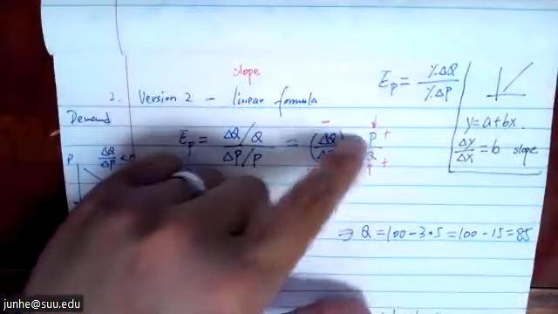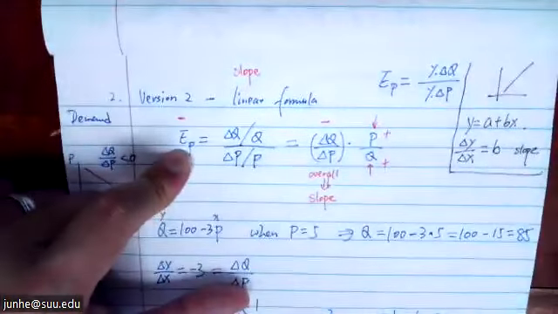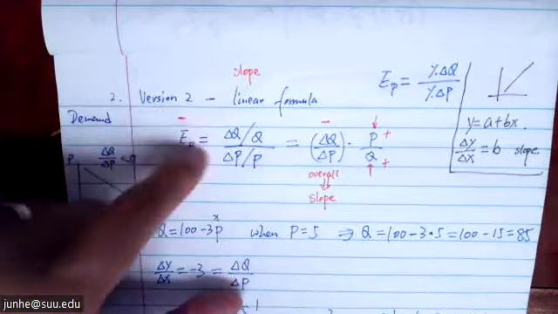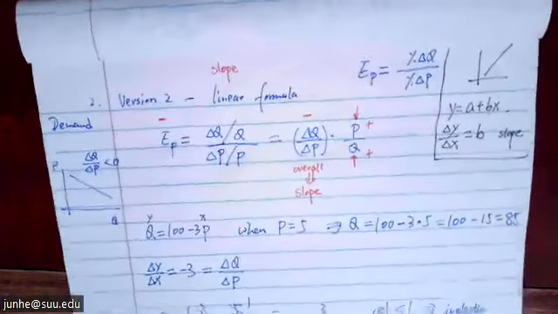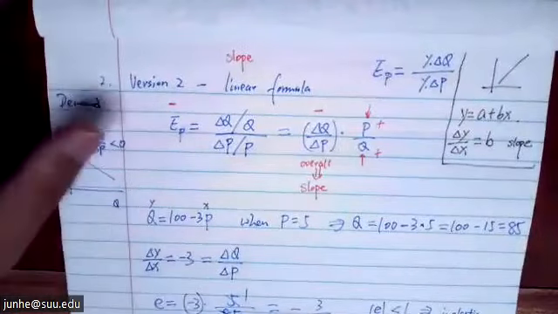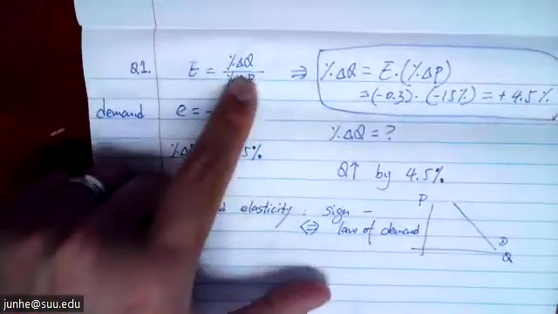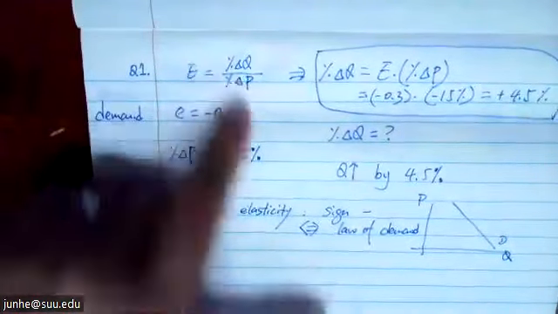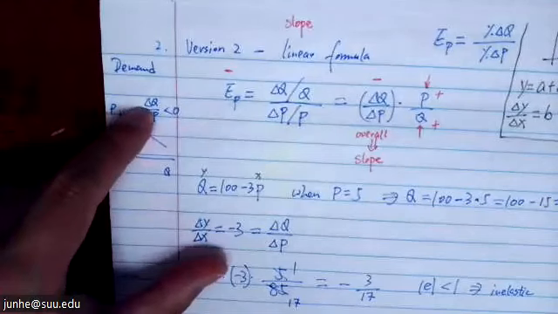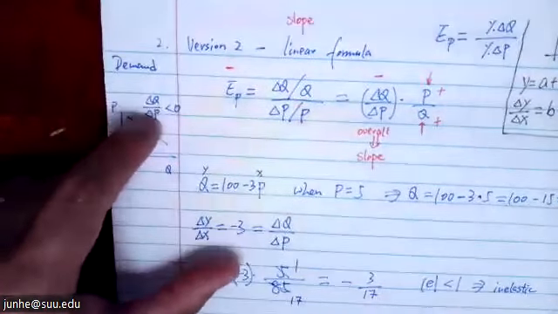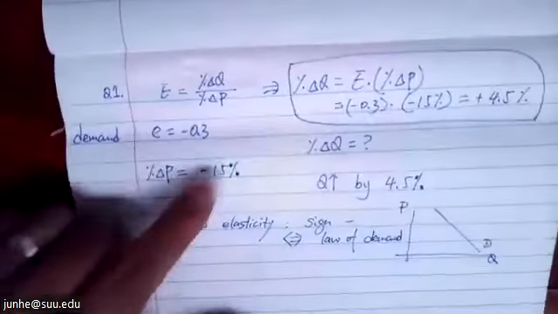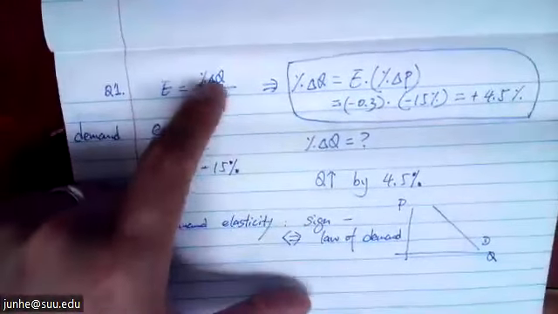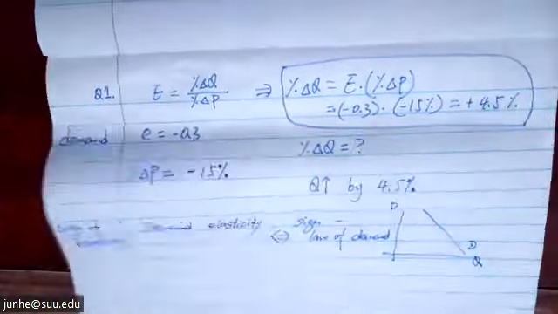Then these two terms are positive and multiplied by a negative, so the price elasticity of demand has a negative sign. It is consistent with our original understanding under the percentage change version of elasticity, and it is also consistent with the law of demand in the sense that quantity and price are changing in the opposite direction. Even in percentages, they are still changing in the opposite direction.